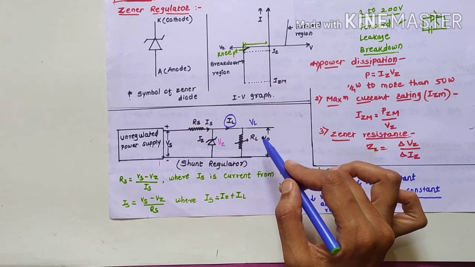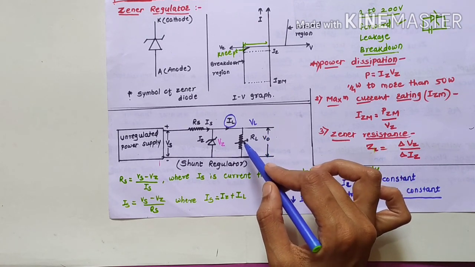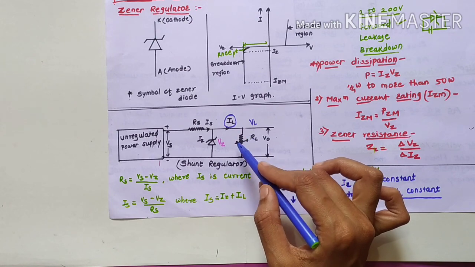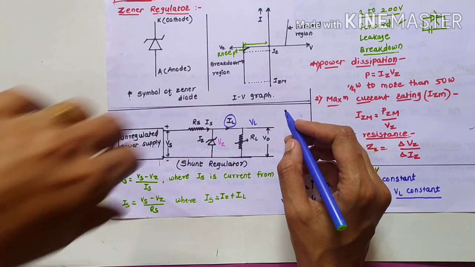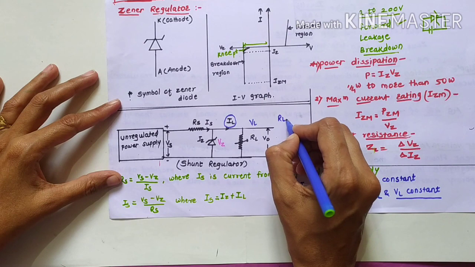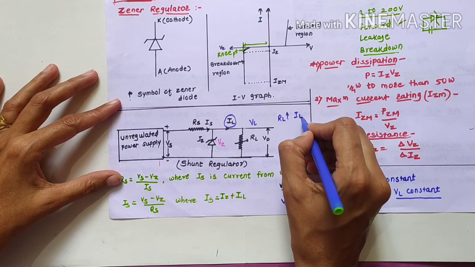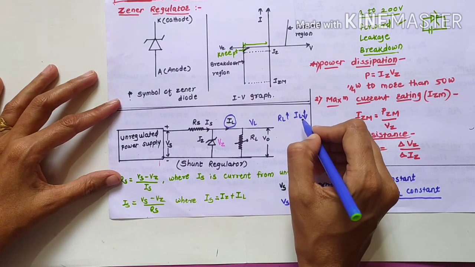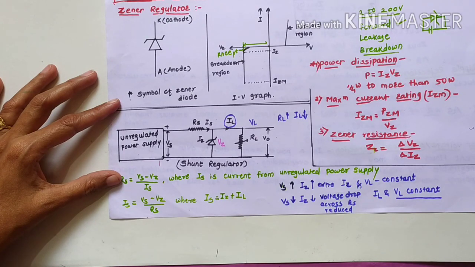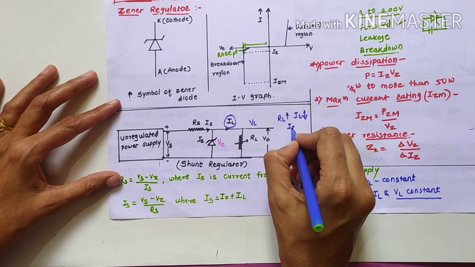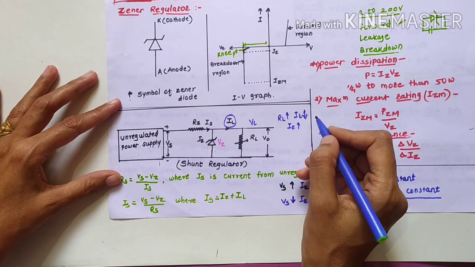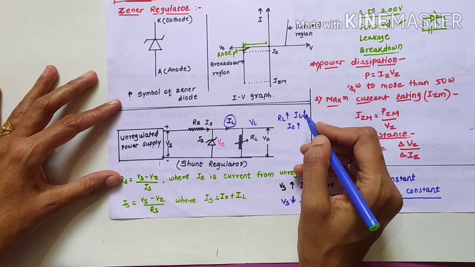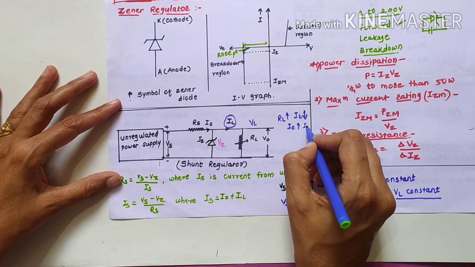So, we can say that when load resistance increases, load current decreases. With this decrease in the load current, Iz increases. As there is an increase in Iz, Is is kept constant.